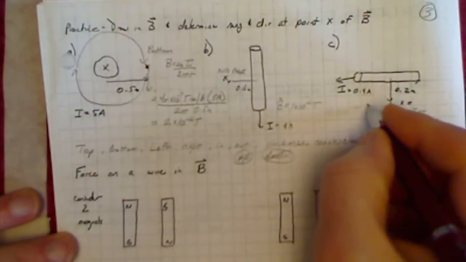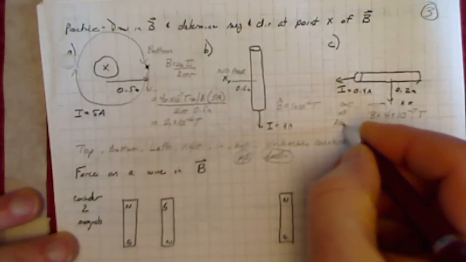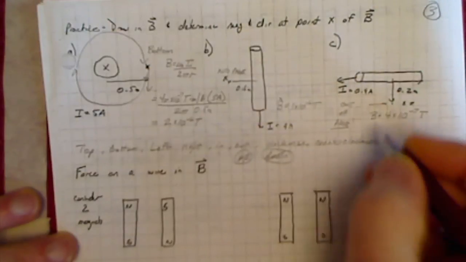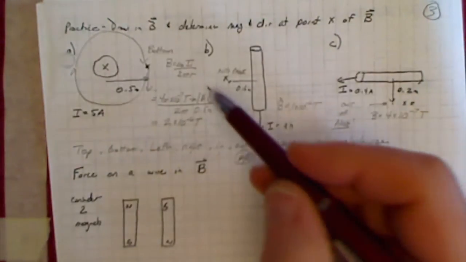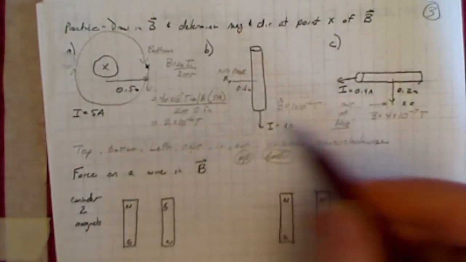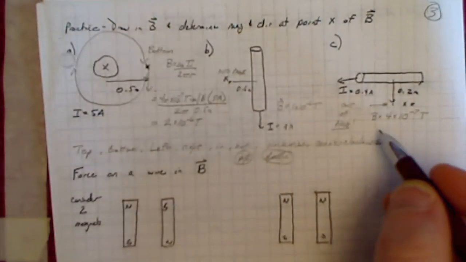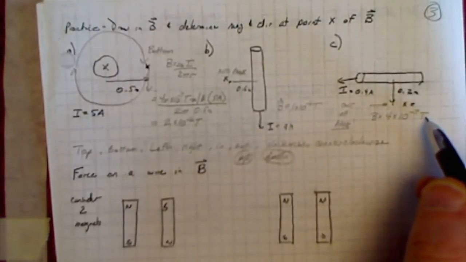So at this point here, it is out of the page. If I wanted to, I could put a field of dots there, just like over here I could have put a field of X's. But that's out of the page. And the magnetic field strength, once again, just putting numbers into the same exact equation, is going to be 4 times 10 to the negative 7th Teslas.